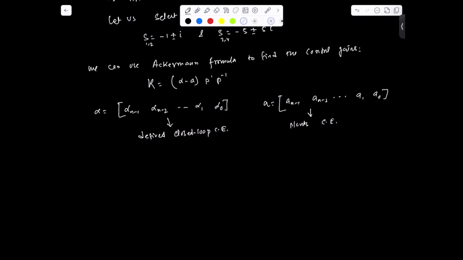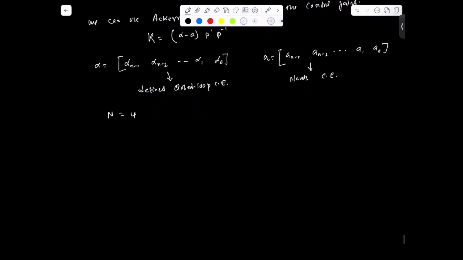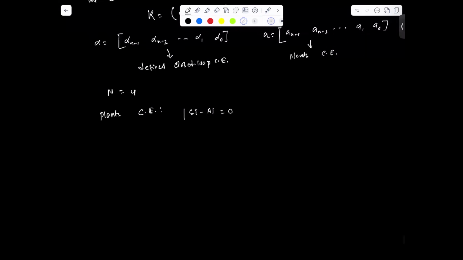Since here n we found to be 4 because the system is fully controllable, now let's find the plant characteristic equation. We can find this from the determinant of sI minus A equal to 0. If you find it difficult to solve the characteristic equation, you can use a MATLAB command.